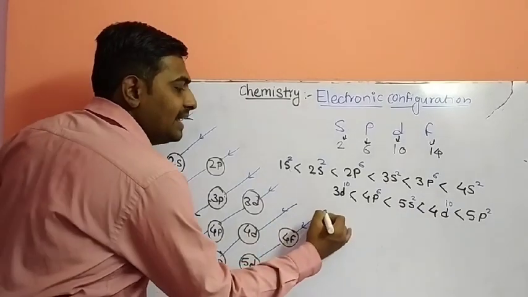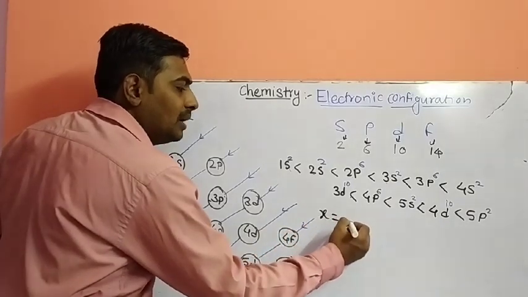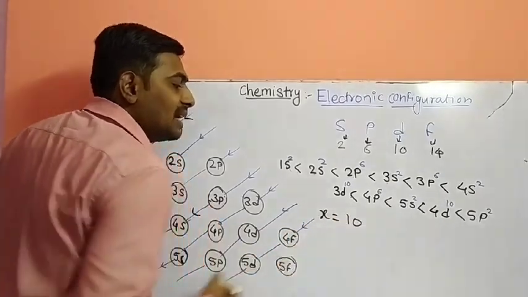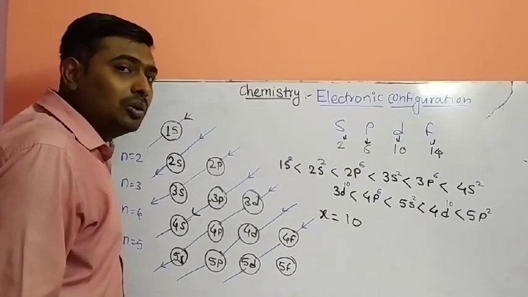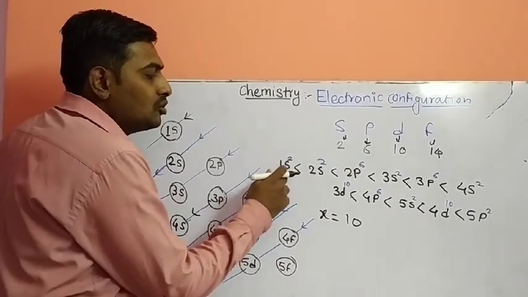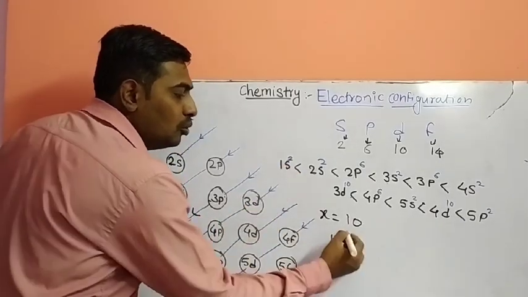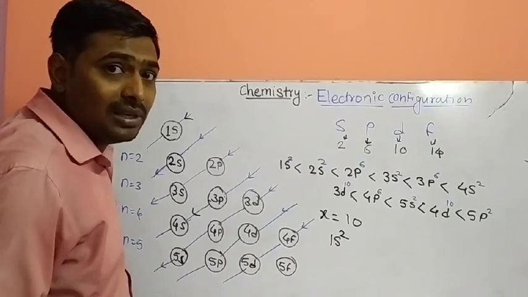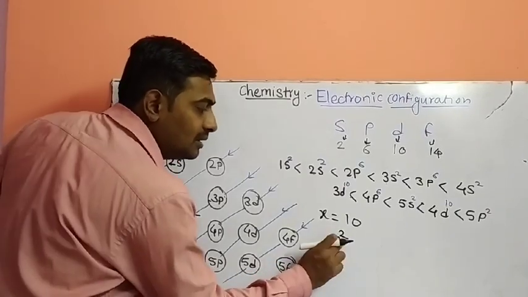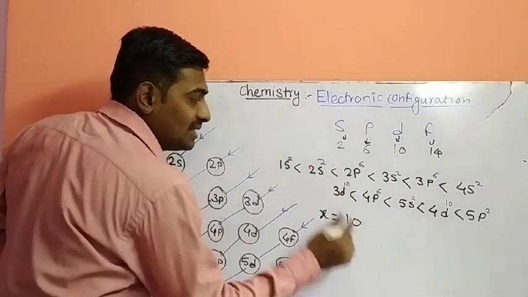Let's consider an atom X with atomic number 10. How are the electrons filled? First is the 1s orbital. What is its capacity? 2 electrons. How many electrons remain? 8 electrons remain.